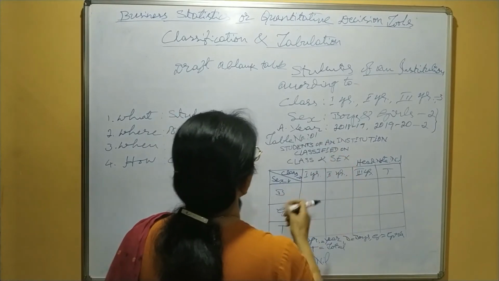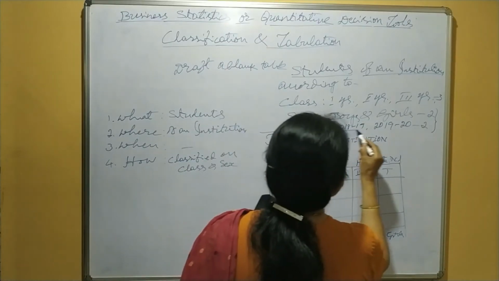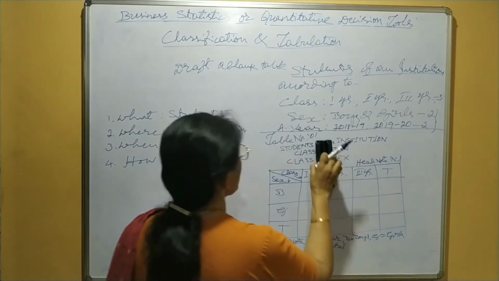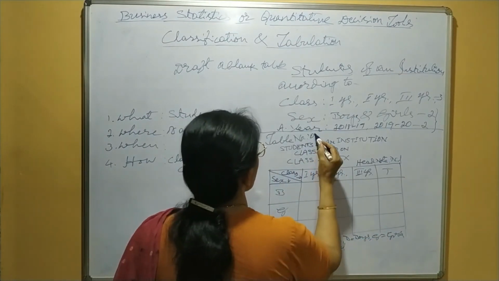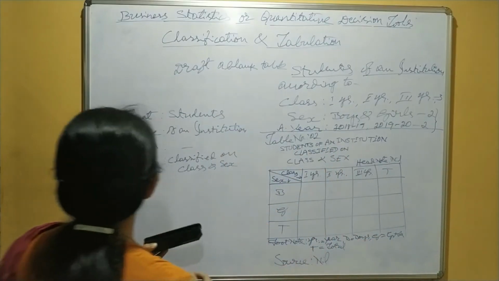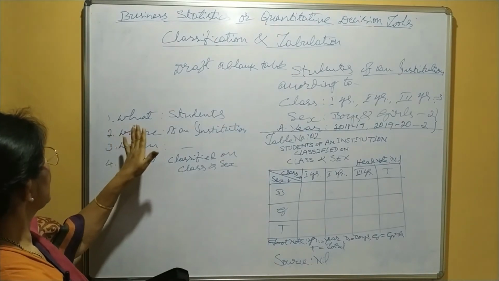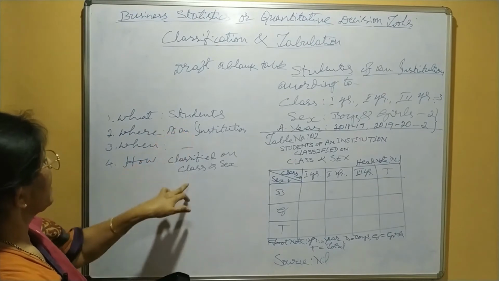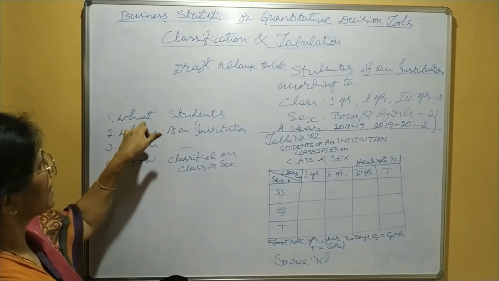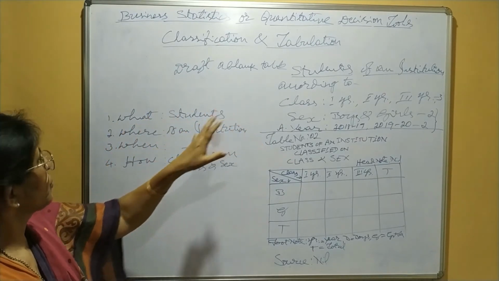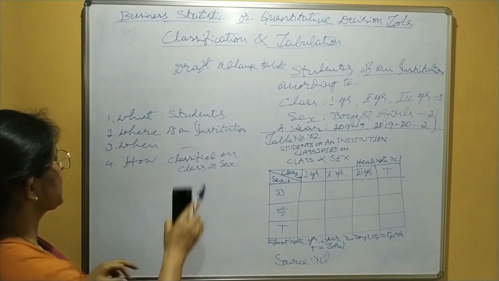Here we may take table number 2. Again we have to decide the title, taking the answers for the 4 questions. What the data refers to: students. Where: of an institution.